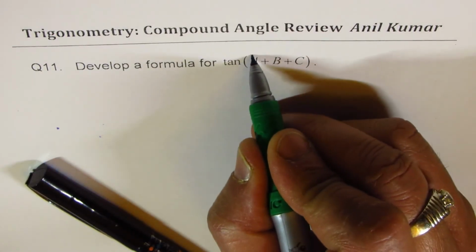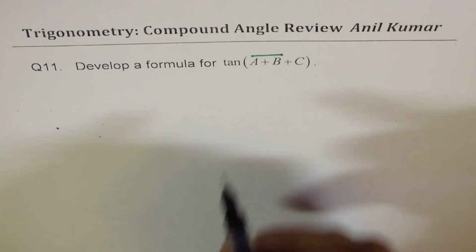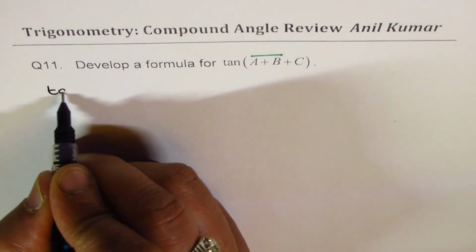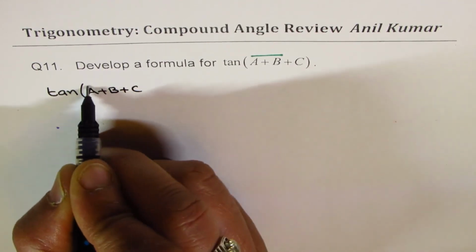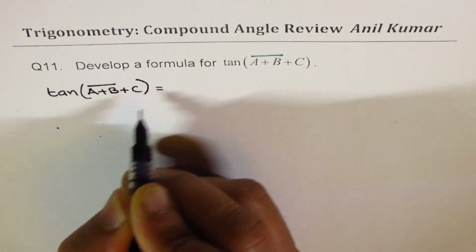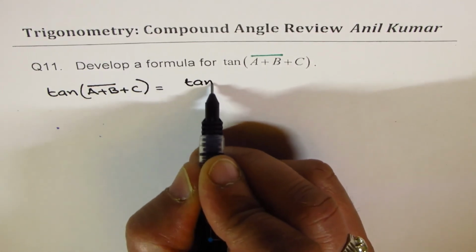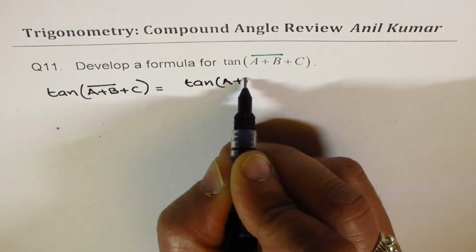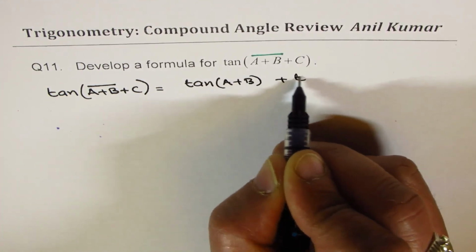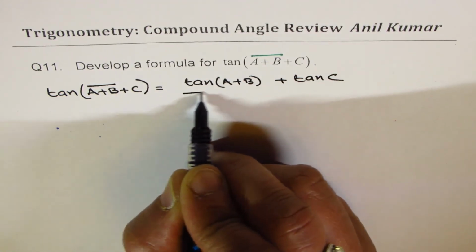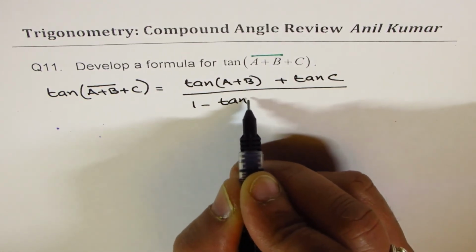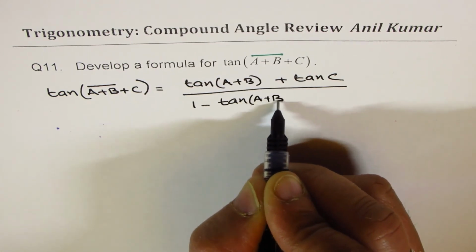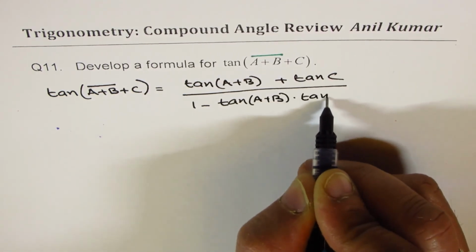We can treat A plus B as one term to begin with. So we could say tan(A plus B plus C), treating A plus B as 1. So we could write this as tan(A plus B) plus tan C, right, over 1 minus the product of these two, so tan(A plus B) times tan C, correct?